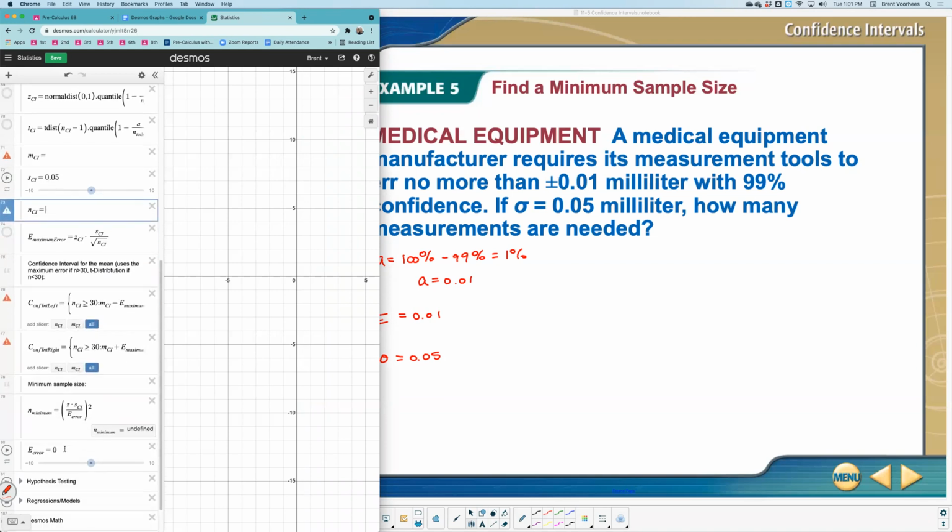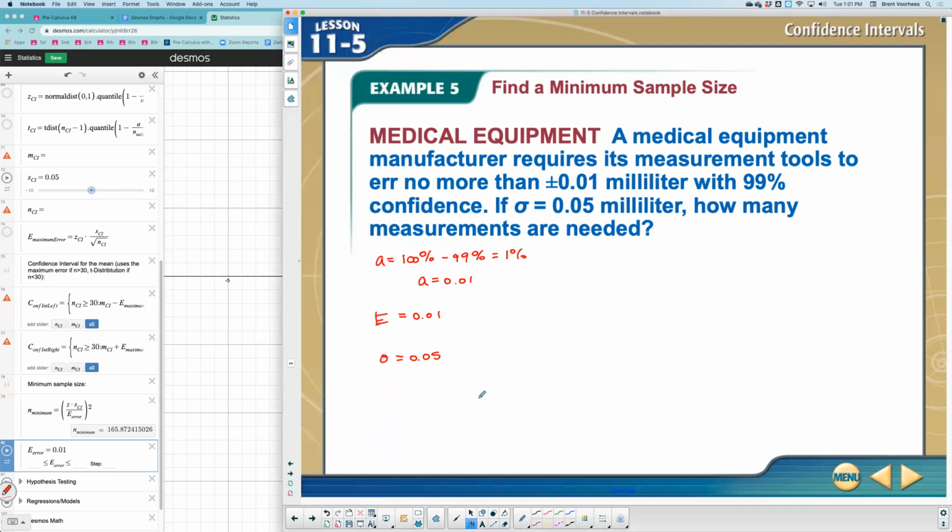When I come over here, I also need to input my error, which needs to be 0.01. When I type that in, this tells me right here the minimum sample. What it does is it takes the z value for the 99th percentile, multiplies it by the standard deviation, divides it by that error, and then squares the whole value.